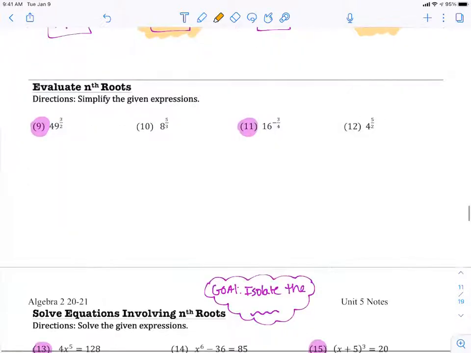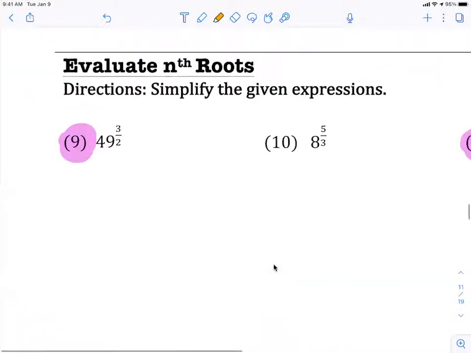Now, our next goal is to work on actually evaluating some of those exponents. If we look at example 9, the cool thing is that when we rewrite this, usually we want to break up that 3/2, and we're always going to rewrite it so that it's in square root form. So the 49 is going to go underneath the square root, and I know it's a square root because the denominator is a 2, which again, a lot of times we don't write.